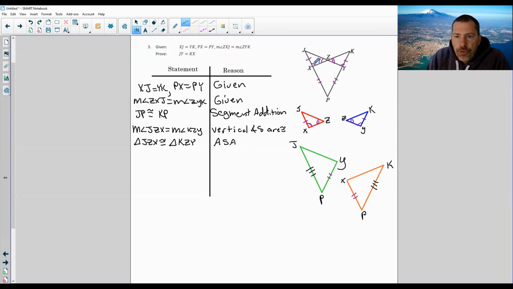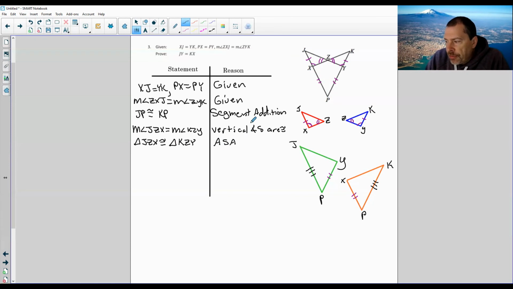Okay, so those 2 triangles are congruent. Great. We're trying to prove JY. We now know JZ is congruent to ZK, because of corresponding parts.